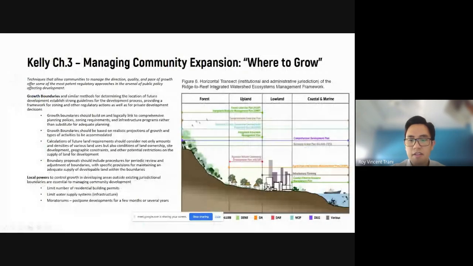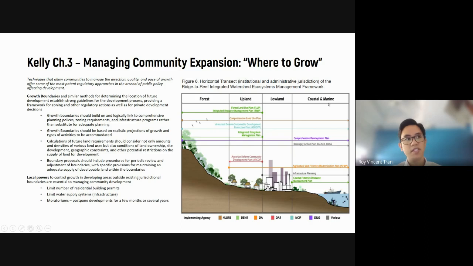And then the different agencies in charge: the housing board, the DNR, the Department of Agriculture, Department of Agrarian Reform, the NCIP, the ILG, and various other government officials. The key thing we need to remember about Philippine land use planning policy is that the goal is to make it as comprehensive as possible, from forest, upland, lowland, coastal, and marine.